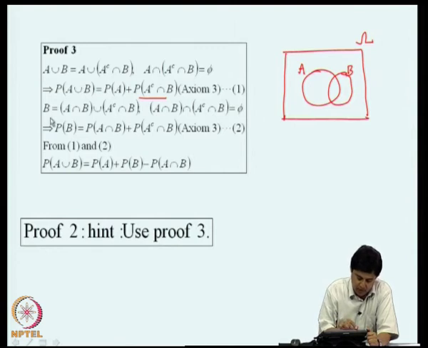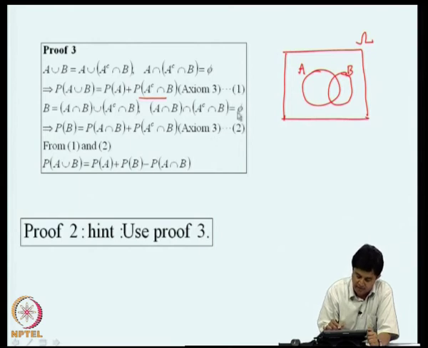Now, B itself can be written as this portion, that is A intersection B union A complement intersection B, that means the part of B which is not in A. Again these two sets are mutually exclusive. So, if you write probability of B now, it will be probability of A intersection B plus probability of A complement intersection B, this again according to axiom 3.